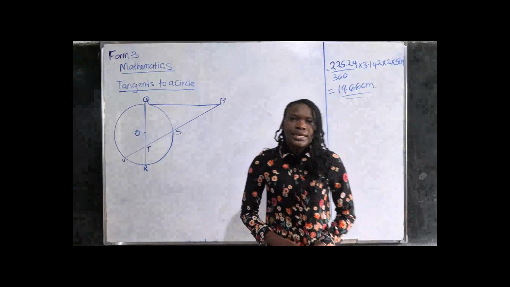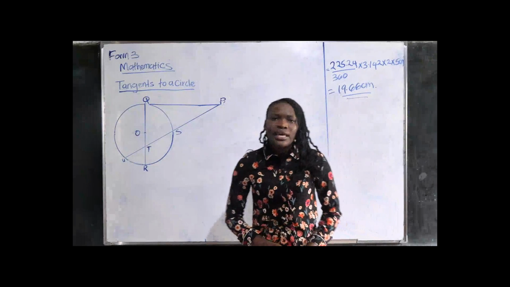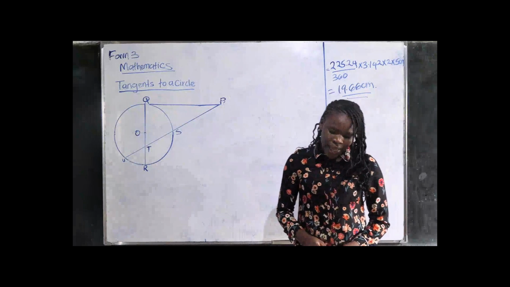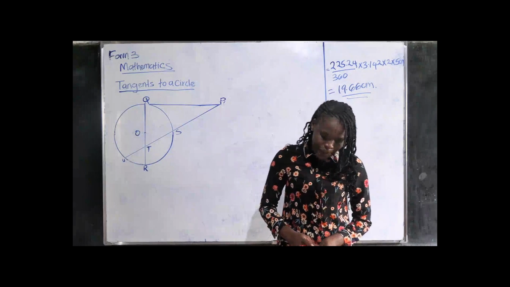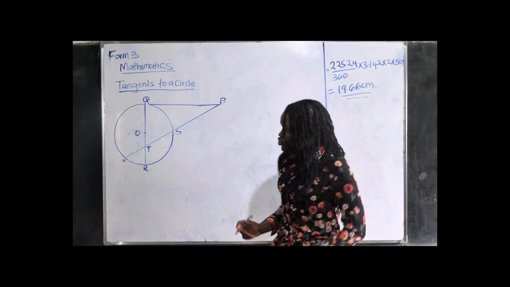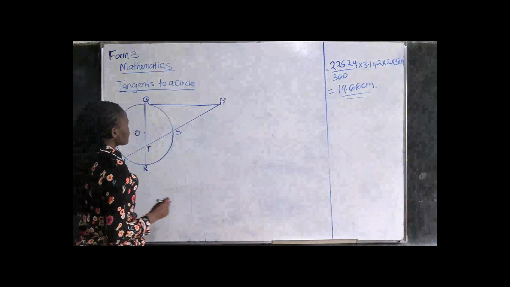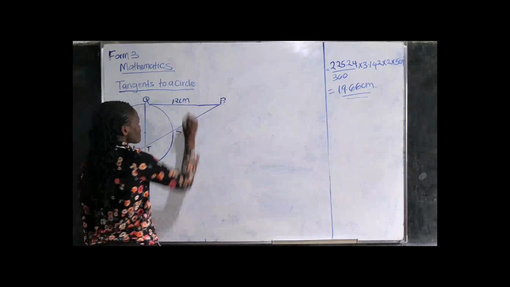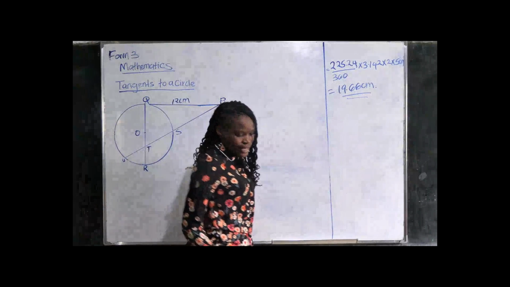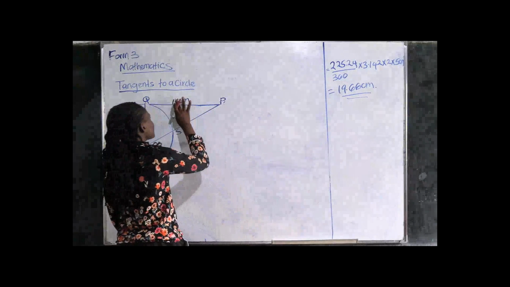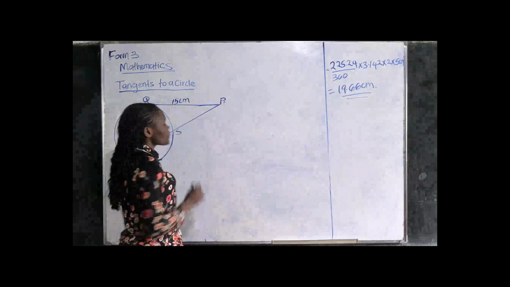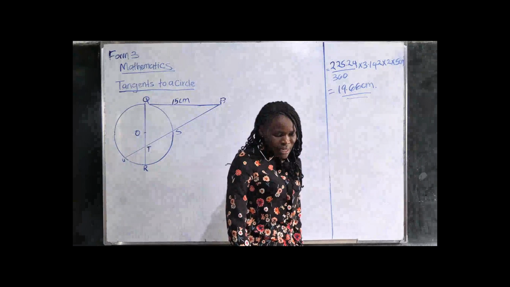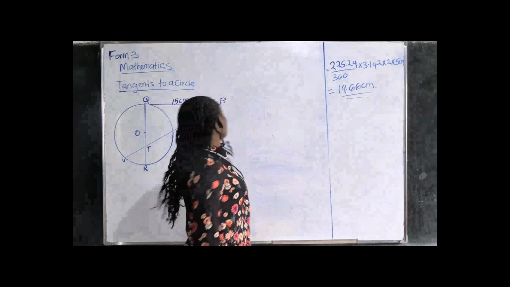We are told, given that QP is 15 centimeters and UP is 25 centimeters, calculate the length of SU. QP is not really 12 but 15 centimeters.